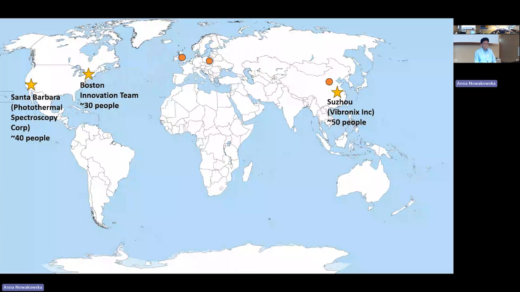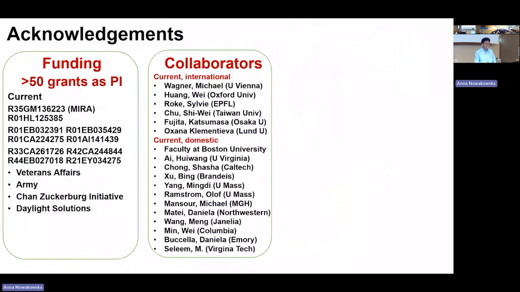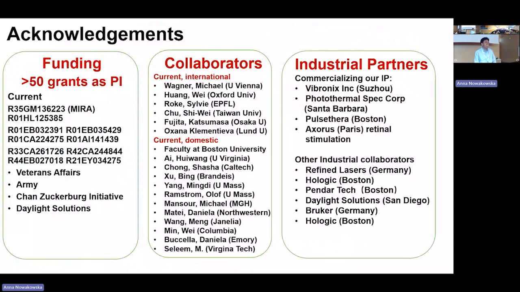And there's another company in Suzhou to commercialize coherent Raman microscopy. Photothermal has branches in China, Germany, and the UK now. And finally, I want to appreciate the funding from the NIH and other agencies like the China Blackberry Initiative. We are very collaborative internationally and nationally, and we have a lot of industrial partners to commercialize our technology.